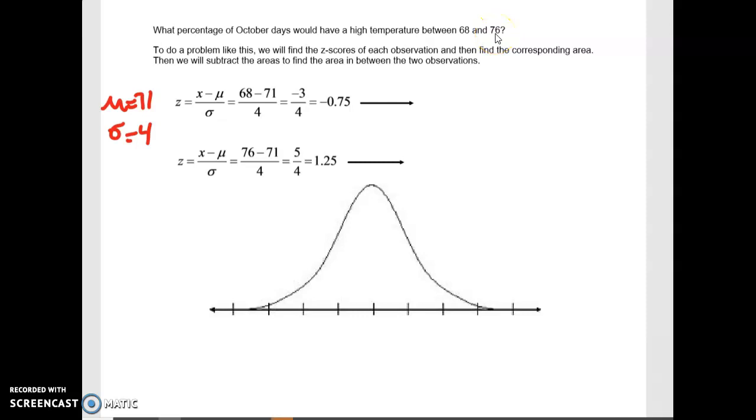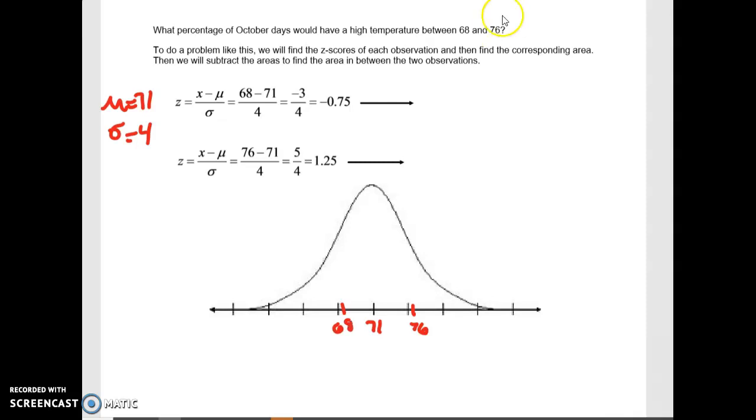So your 71 is here. 76: if I add 4, that standard deviation, that's 75. So 76 is going to be about right there. 68: if I subtract 4 from 71, that's 67. So 68 is going to be about right there.